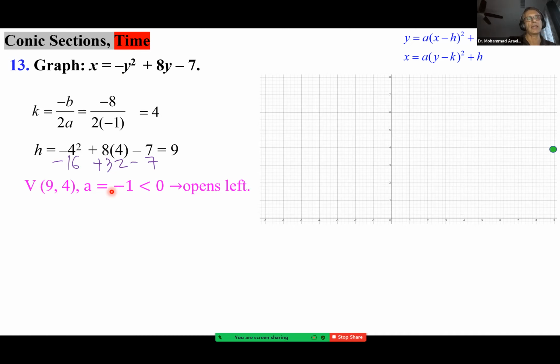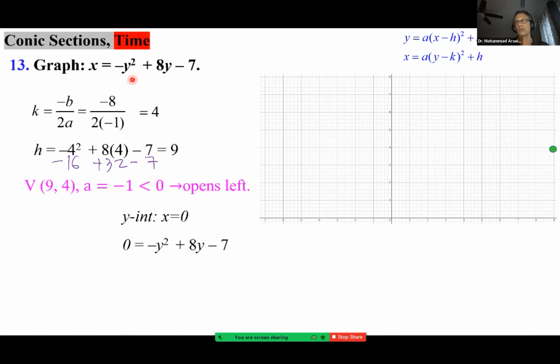a is -1, and it opens left. The reason it opens left, a is negative and y has degree 2. So we have this location, and now the y-intercept: set x equal to 0, which means set this one equal to 0 and solve. In order to solve this, let's take it to the other side because we like this negative to become positive.